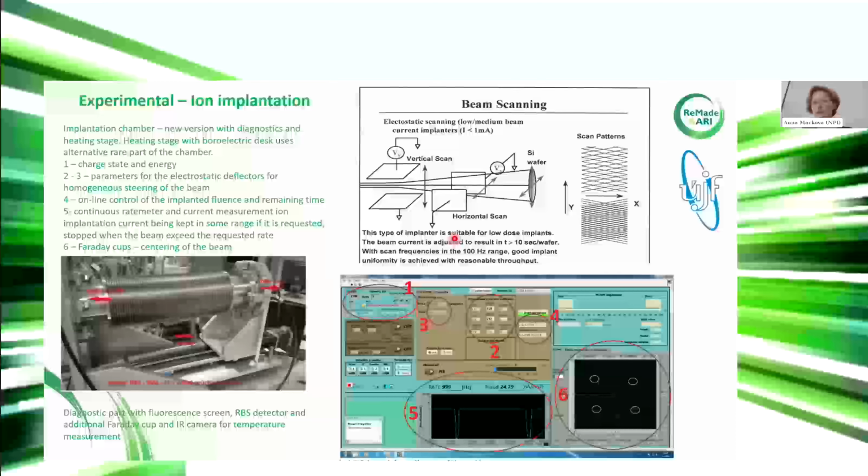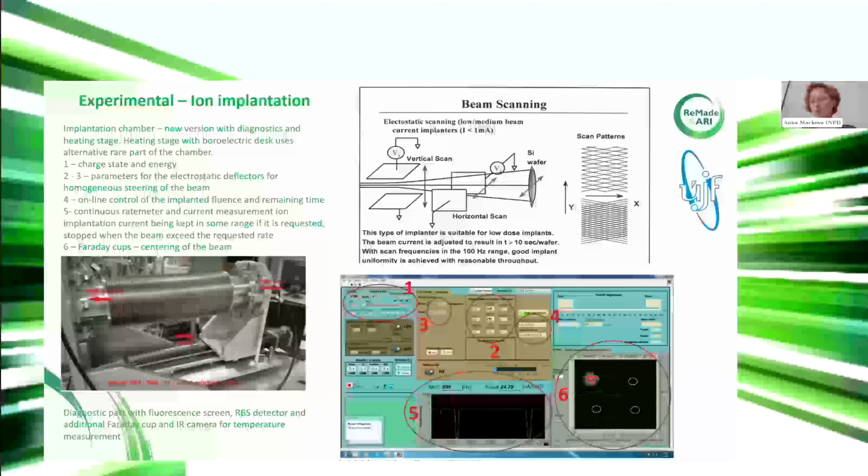The reason is that we need to irradiate the whole surface as homogeneously as possible, to modify the surface very homogeneously. For this purpose, we can typically use, for example, an electrostatic scanning system, which scans the beam in such a way over your sample.